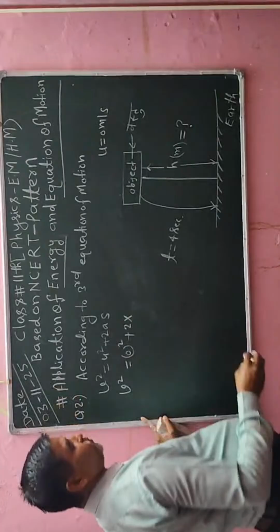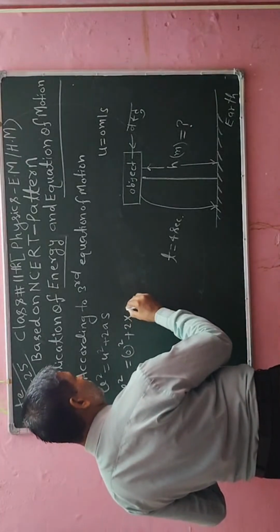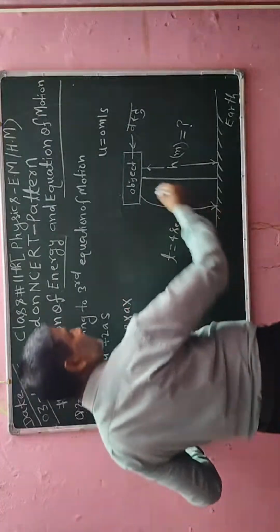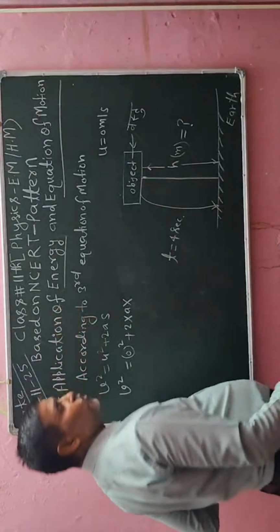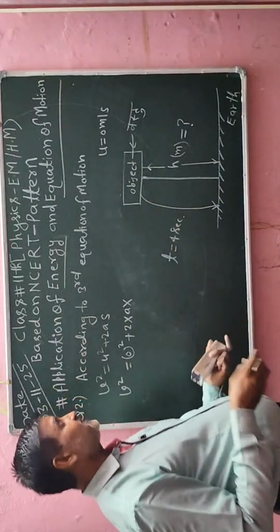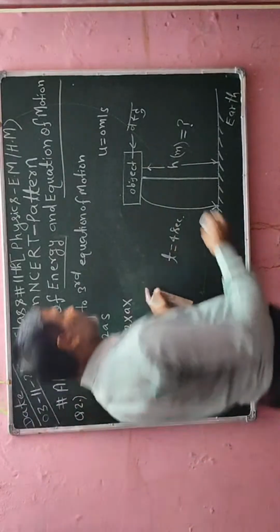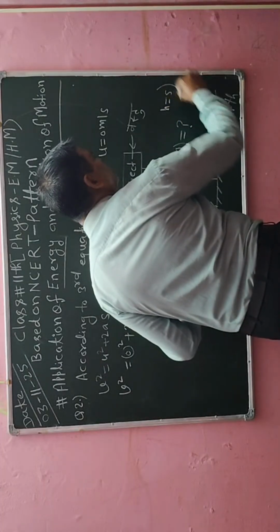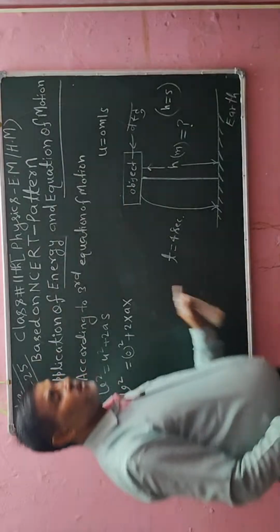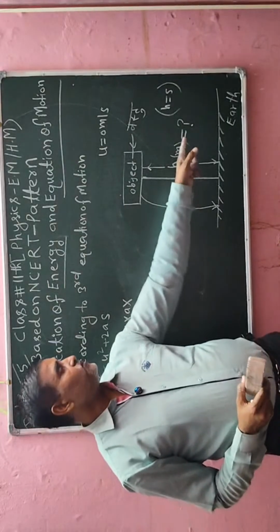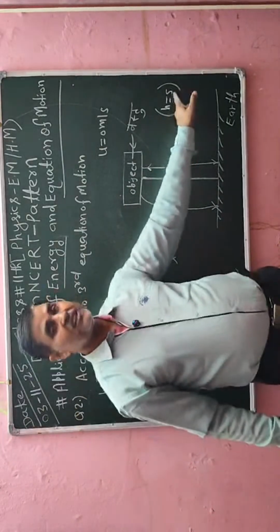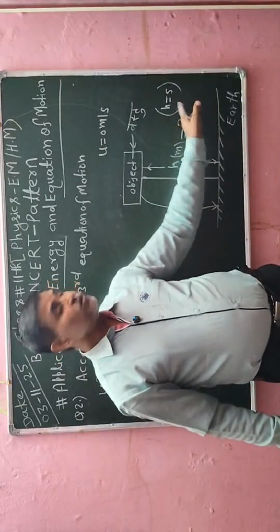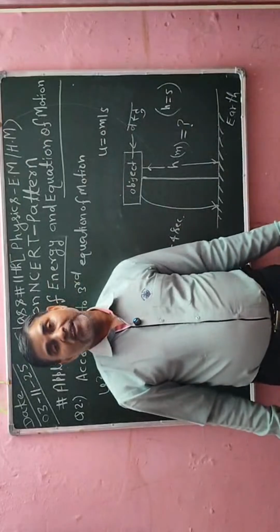I have no information about acceleration, so I will put a. Here s means distance. If I move horizontally, I say s or x, and if I move vertically, I put y or h.